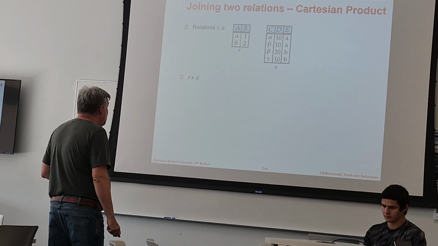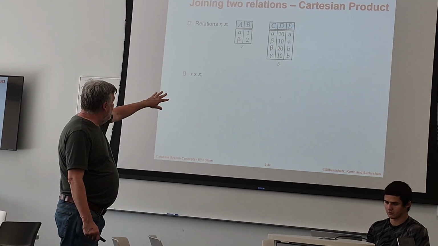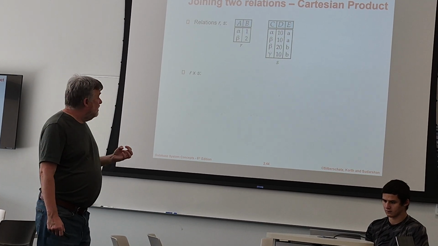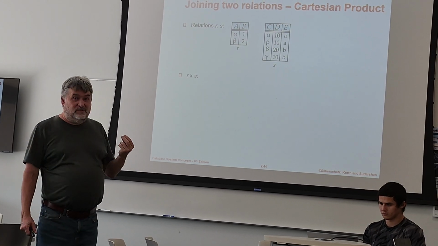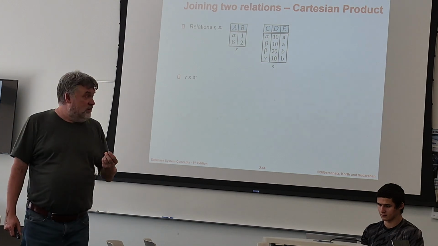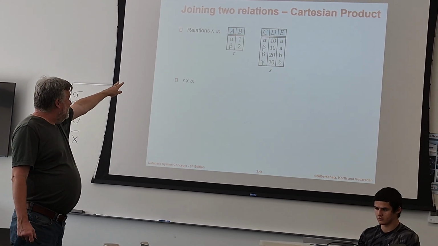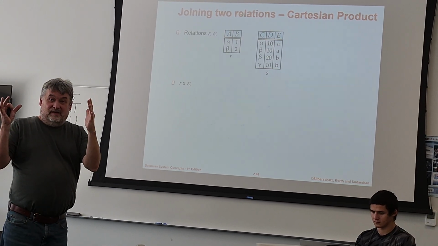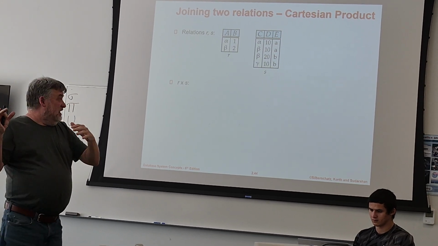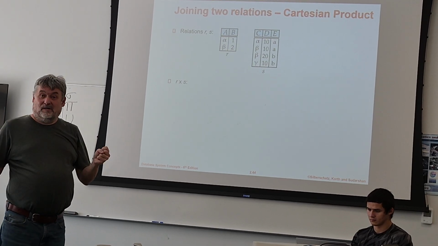So, if we are Cartesian producting table R with table S here, we are going to end up with 8 rows. We have 2 rows in one, we have 4 rows in the other, and what we're going to do is horizontally concatenate alpha 1 with those 4 rows, and so we'll end up with a table with 5 columns in it, and then we're going to add another 4 rows where those 4 rows all start with beta 2.